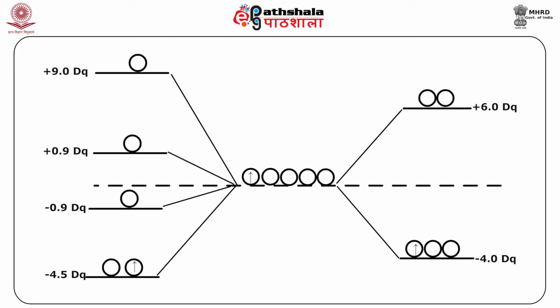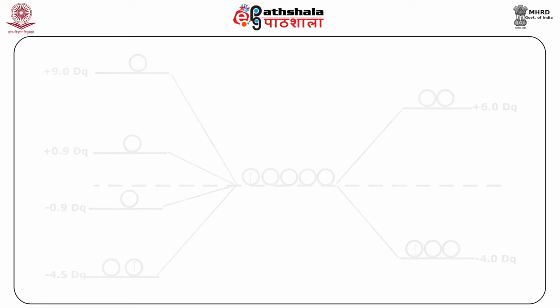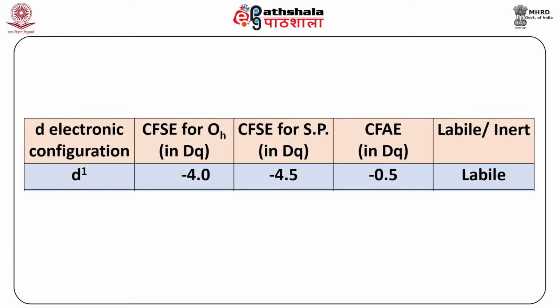Overall, the total crystal field stabilization energy in case of a square pyramidal would be minus 4.5 Dq. So, what do we get?